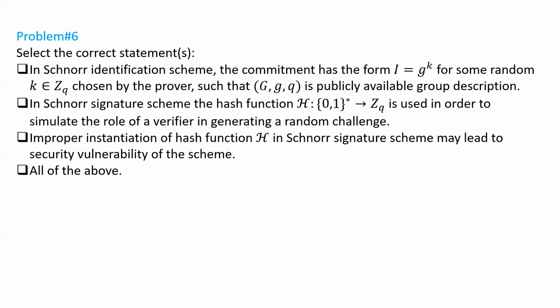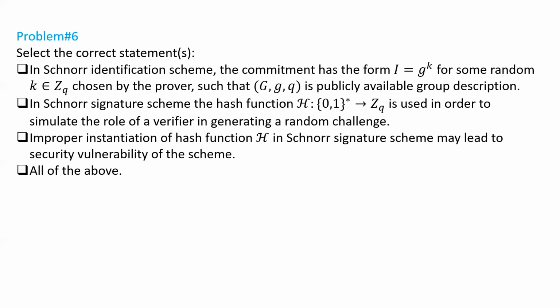The second statement says that in Schnorr signature scheme, the hash function H, which maps any length of binary string to ZQ, is used in order to simulate the role of a verifier in generating a random challenge. Again, this is true.